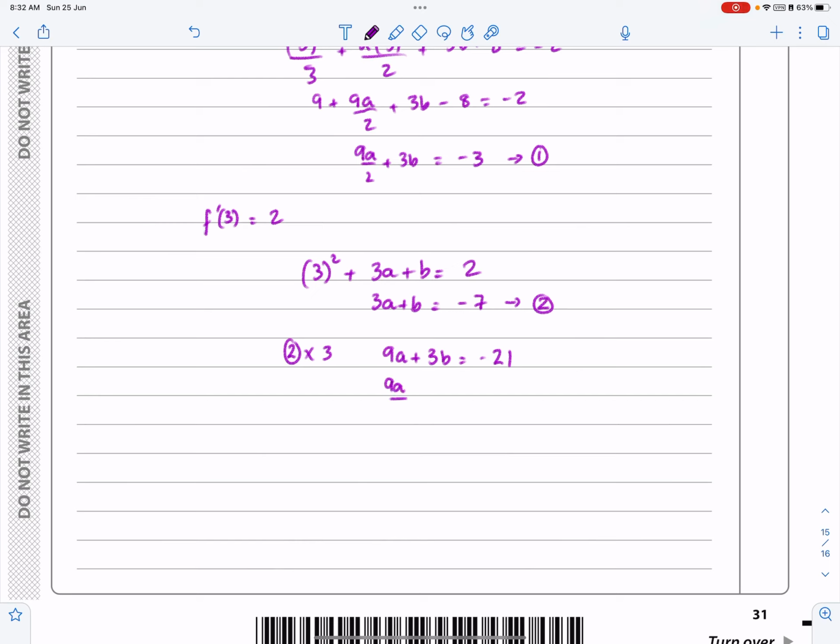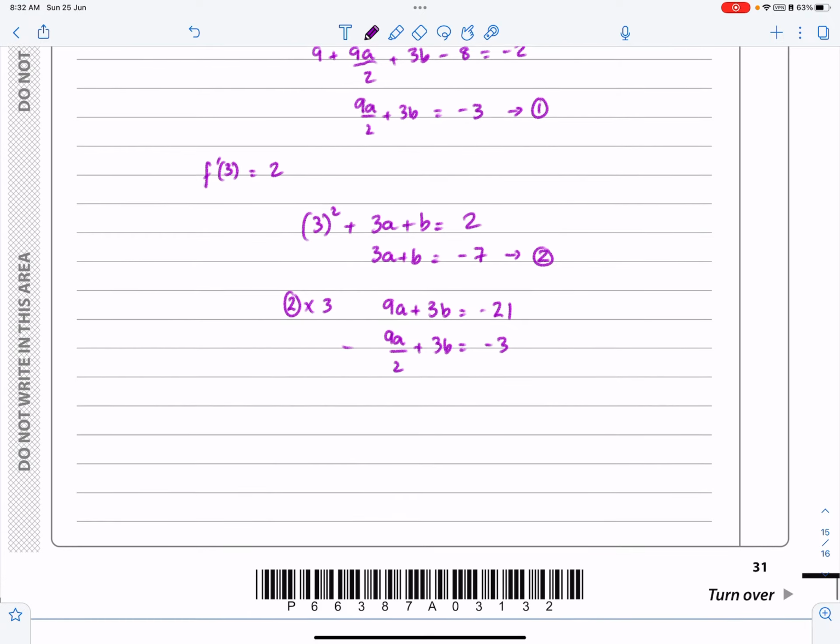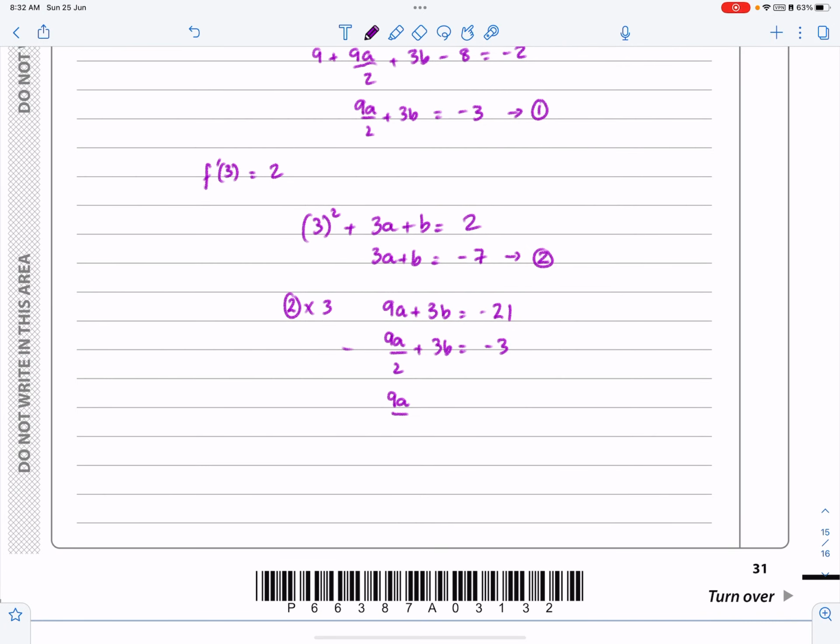I've already got 9a over 2 plus 3b is equal to -3. Let's subtract those from each other. And if I do that, I get 9a take away 9a over 2, and I get 3b take away 3b, they cancel. And I get -21 take away -3 gives me -18. That means that a works out to be equal to -4.